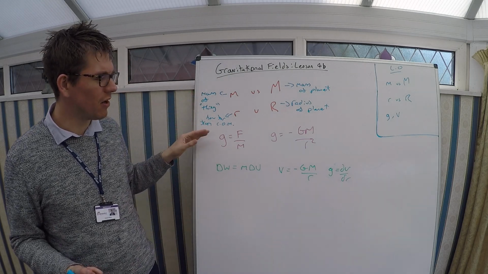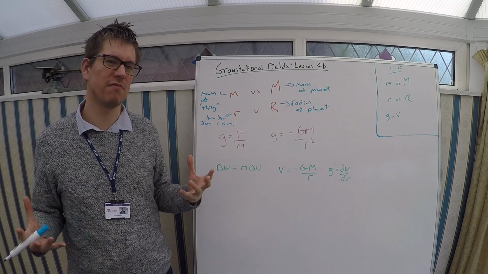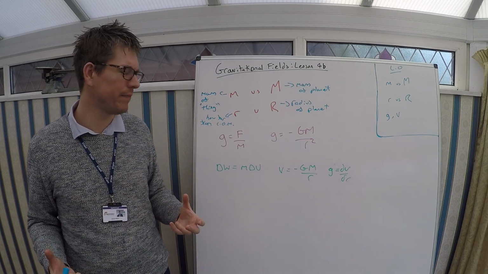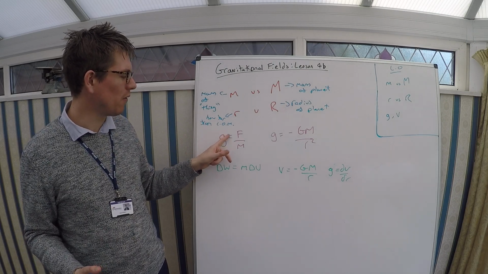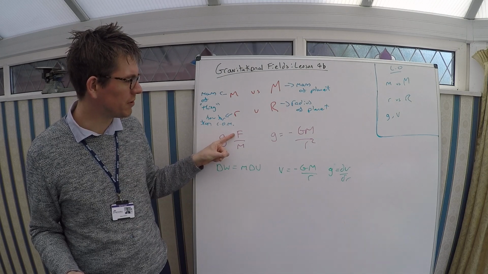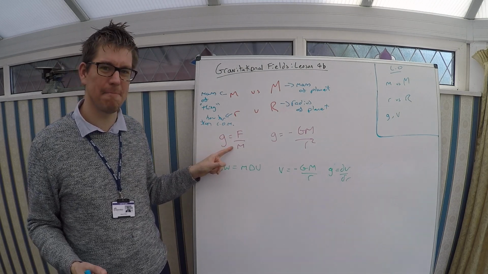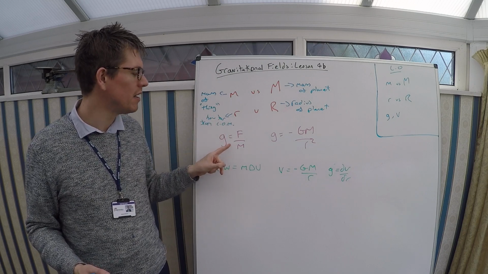So now let's look at the 5 equations that we need to understand if we're to really understand gravitational fields. The first one just tells you how gravitational field strength is defined, and it's simply the force per unit mass. So that's little m, it's the mass of the thing.